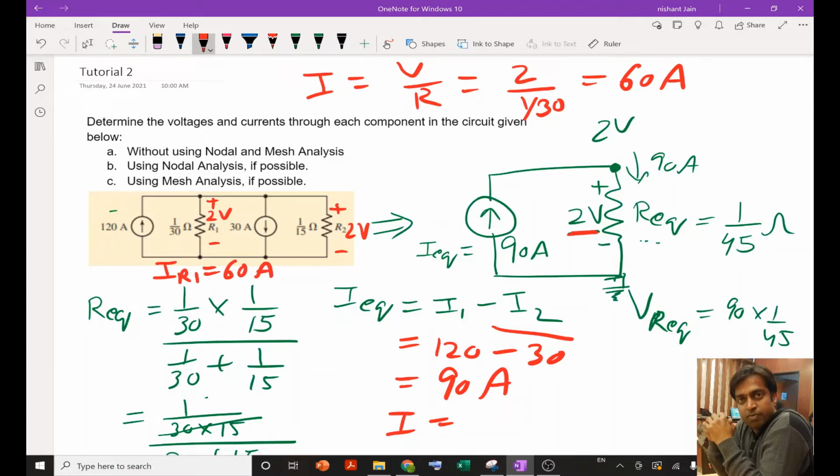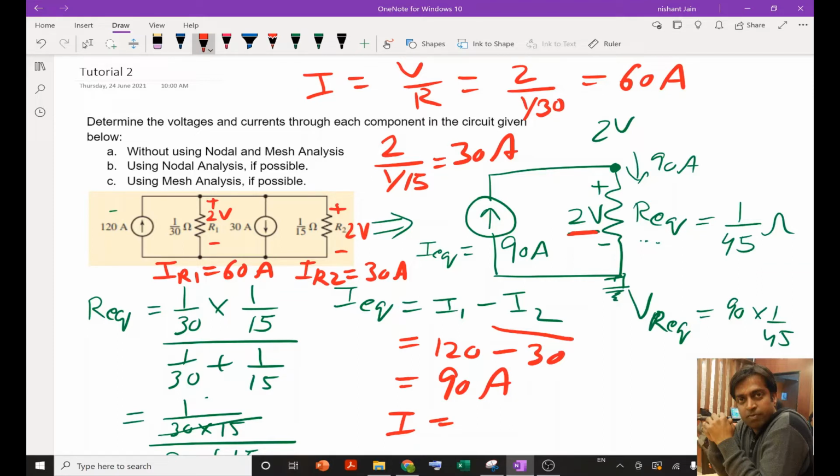Similarly, I can determine the current flowing through R2: IR2 will be equal to 2 divided by 1 by 15, which is 30 ampere. So the current through R1 is 60 ampere, the current through R2 is 30 ampere, and the voltage across R1 and R2 is 2 volt.